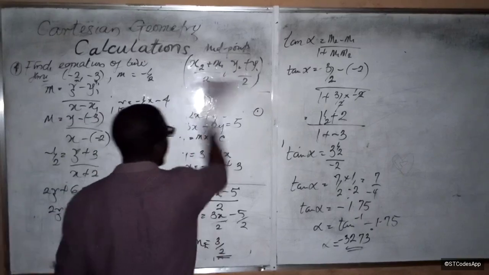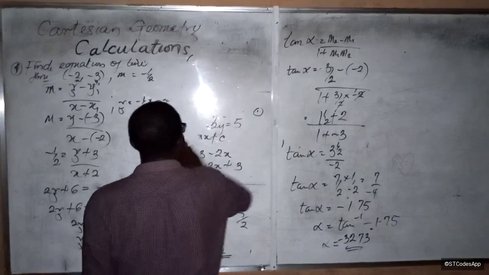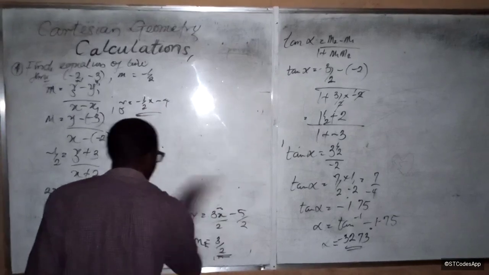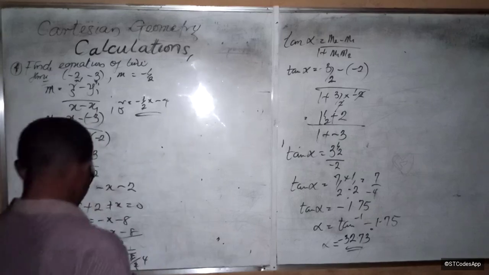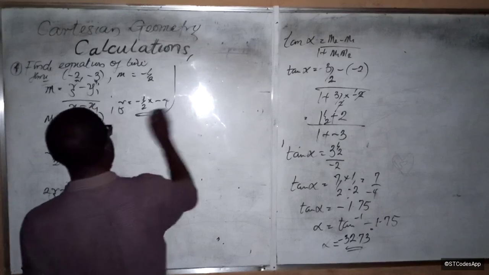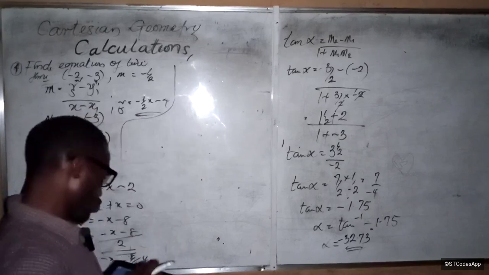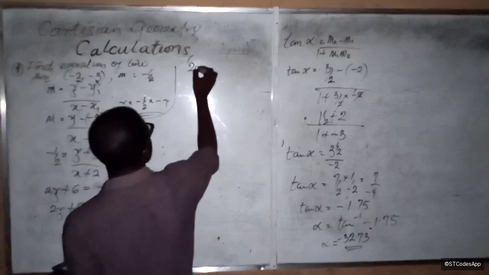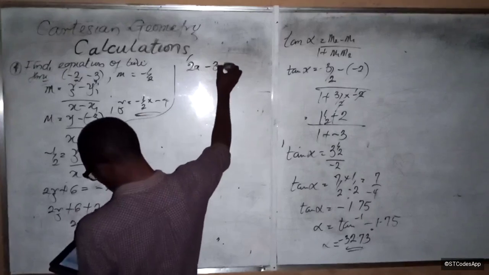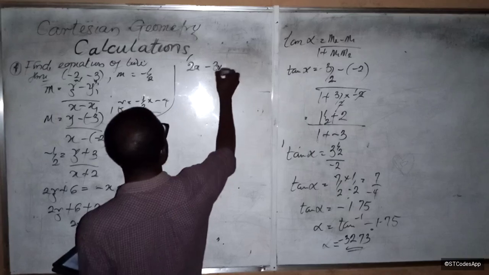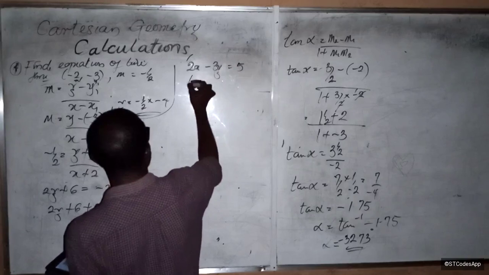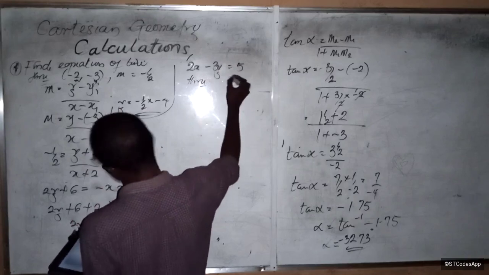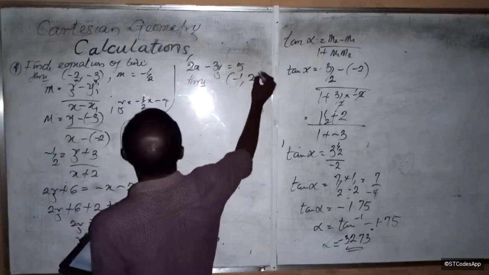The second question is similar to it. It says we should find the equation of the line that is parallel to 2x minus 3y equal to 5 and passes through minus 1 and 2.